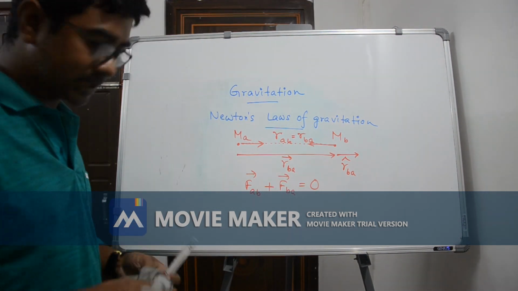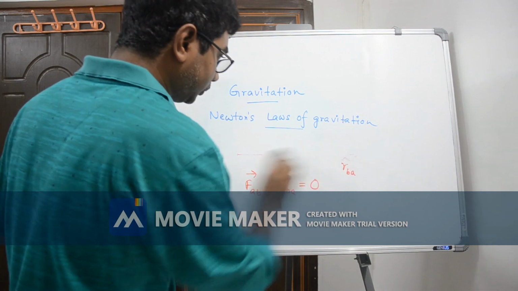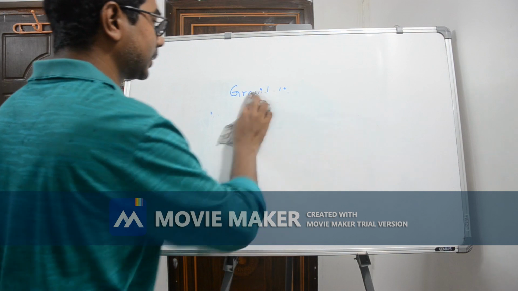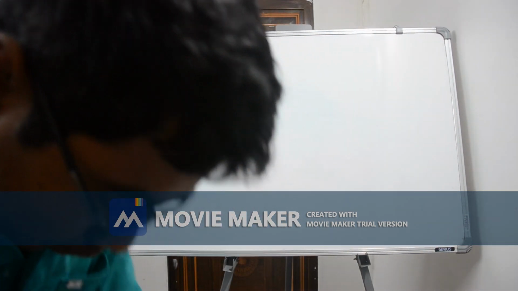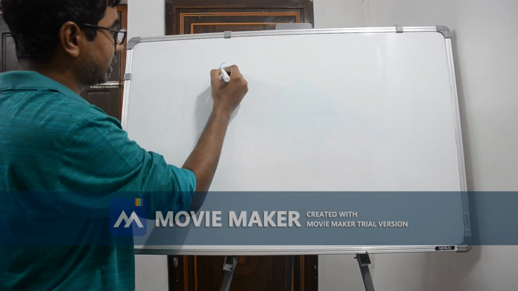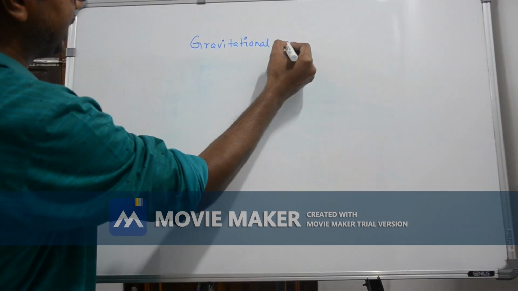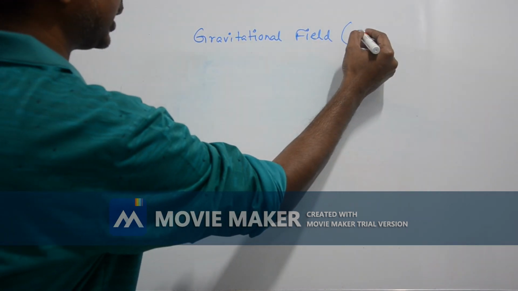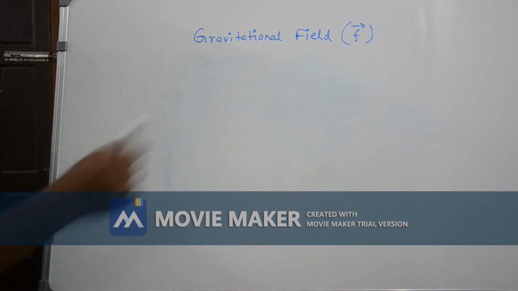Okay, so now let's go into the deep detail of gravitation. We just talked about the gravitational forces, but there are a few more terms which we need to learn. So I'll write them down on the board. The few terms which are going to be very, very crucial: first, gravitational field, for which we will write the symbol as a small f with a vector sign on top.